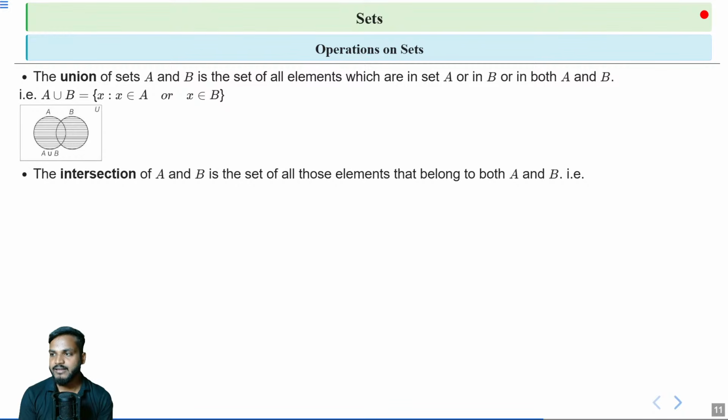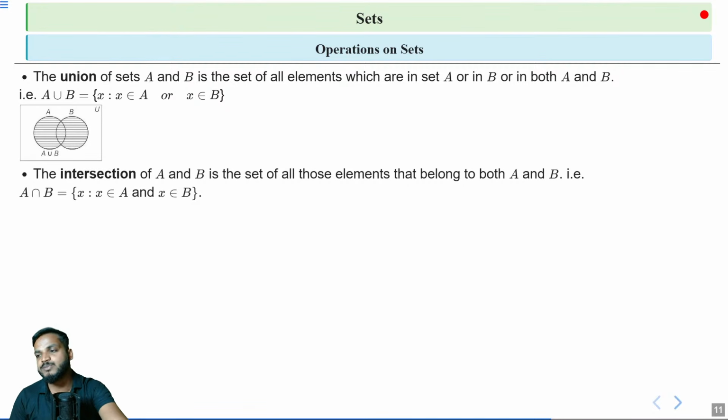Next operation is intersection. The intersection of A and B is the set of all those elements that belong to both A and B. Okay, so we can define it as A ∩ B, that is how we denote the intersection of sets A and B. So A ∩ B is the set of elements X such that X belongs to A and X belongs to B. For an element to belong to the intersection, it must belong to A and B both.